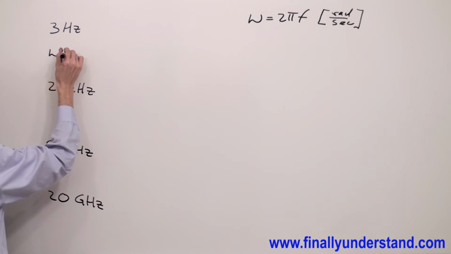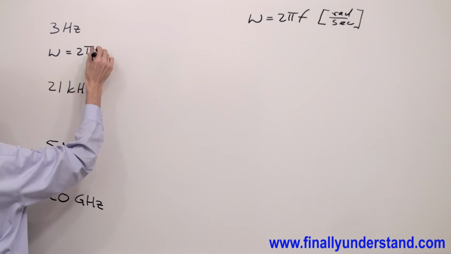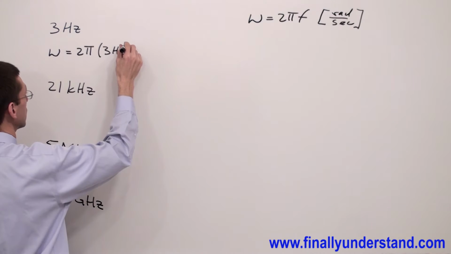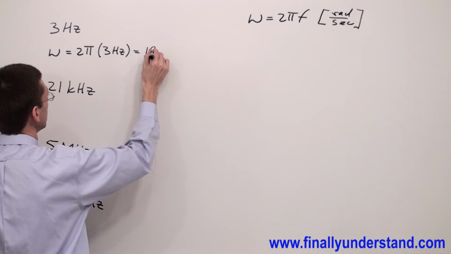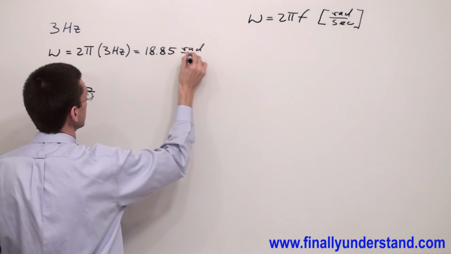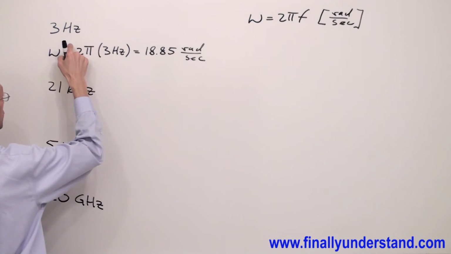Omega is equal to 2 pi, and my frequency is 3 hertz, so 2 pi times 3 hertz is equal to 18.85 radians per second. This is the solution for this problem.